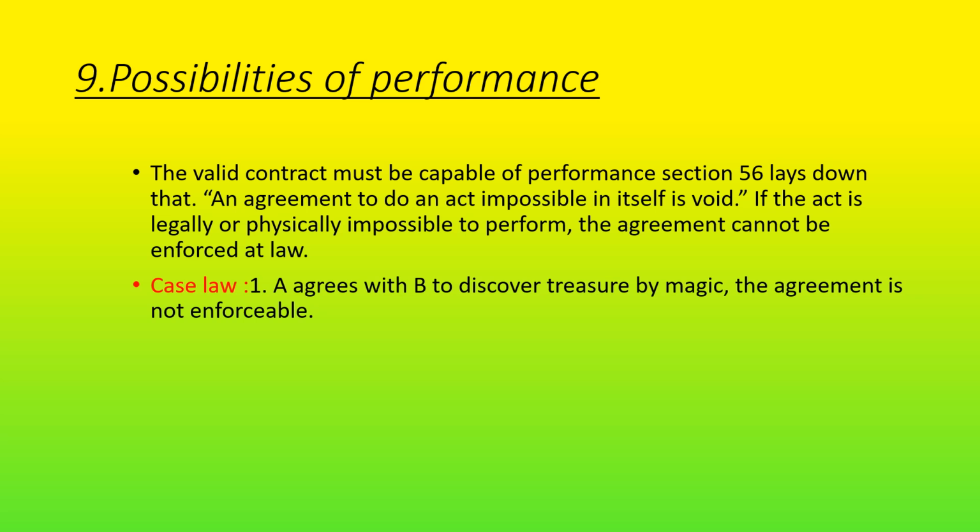Section 56 lays out that an agreement to do an act impossible in itself is void. If the act is legally or physically impossible to perform, the agreement cannot be enforceable at law. Case law: A agrees with B to discover treasure by magic. The agreement is not enforceable.